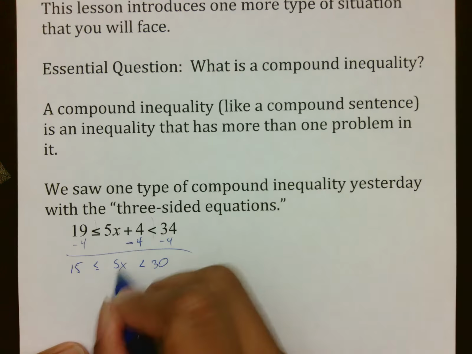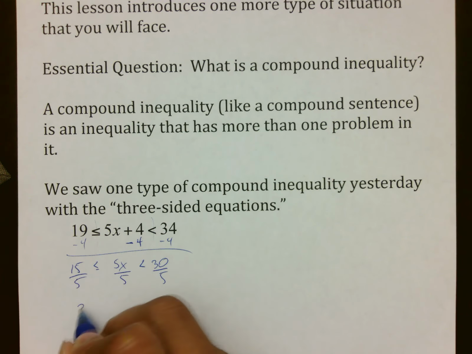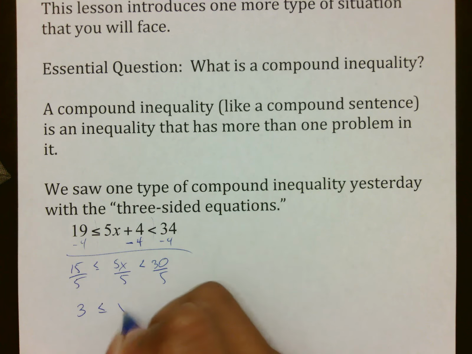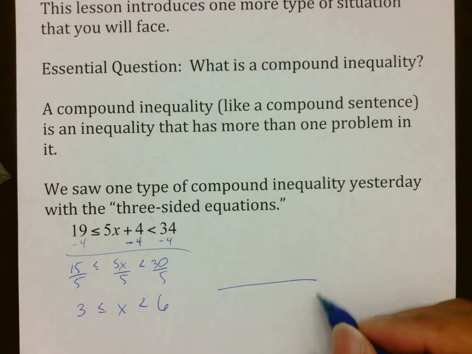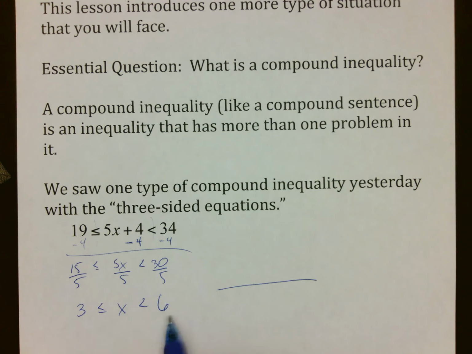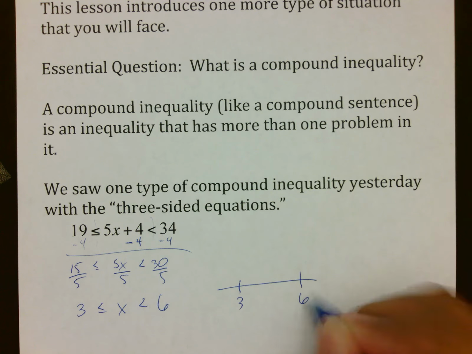And then from there, in order to get rid of this 5, we divide by 5 on all 3 parts. So then we get 3 here, less than or equal to x, which is less than 6. We also discussed how we have to graph everything here. This is already set up for graphing because the smaller number is 3, the larger number is 6.